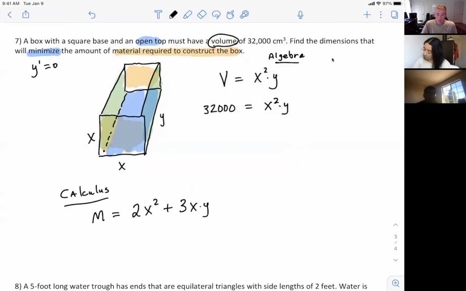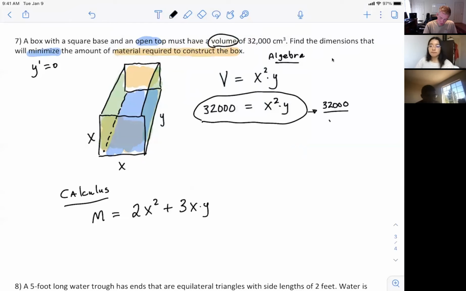Okay, so now we need to use this algebra and either solve for x or solve for y. Well, if I go to solve for x, I'm going to have to take the square root, and then we'll have to do the derivative with the square root. I think instead what I'll do is I'll just divide both sides by the x squared, and just solve for the y.